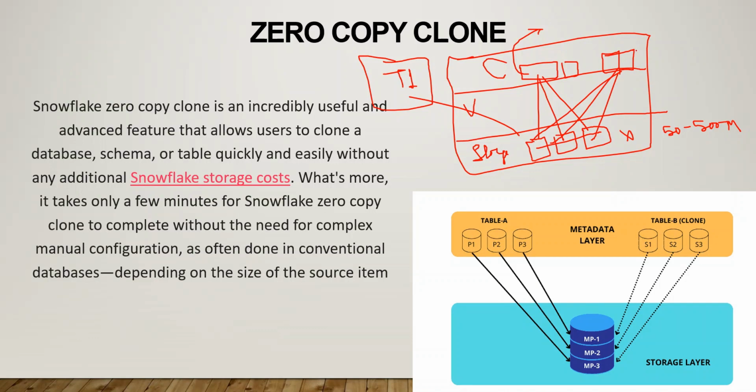That's why it just creates a separate metadata copy, and that happens only in the cloud service layer. No virtual warehouse comes into the picture, and thereby there is no additional storage cost associated with it.